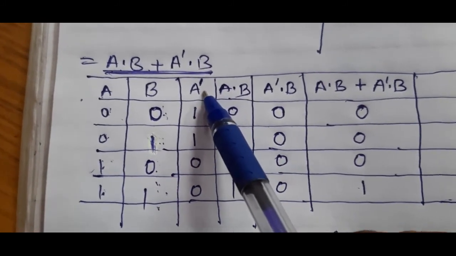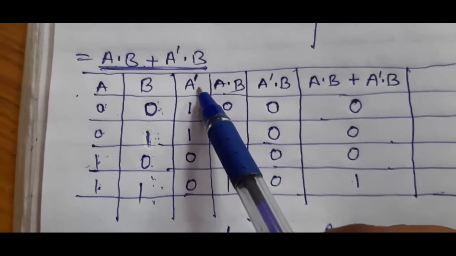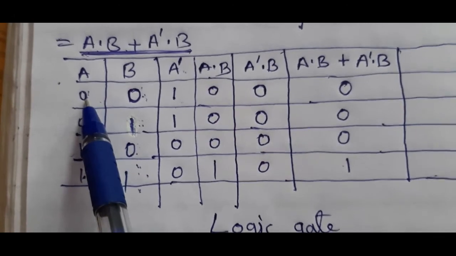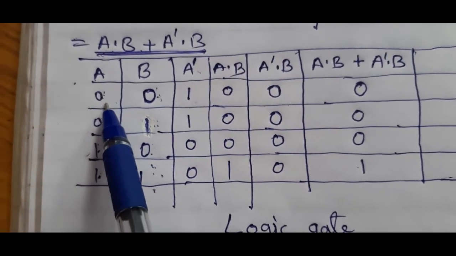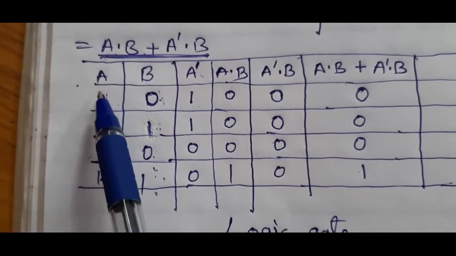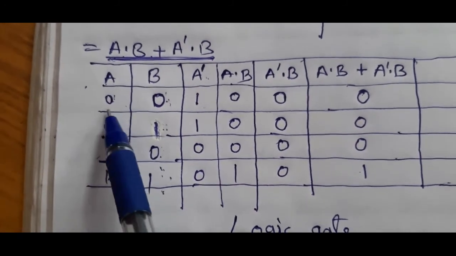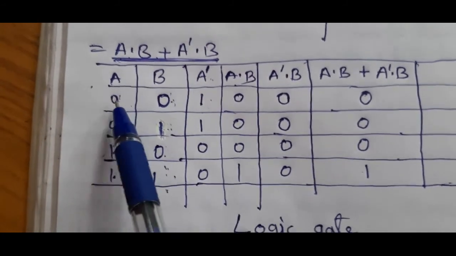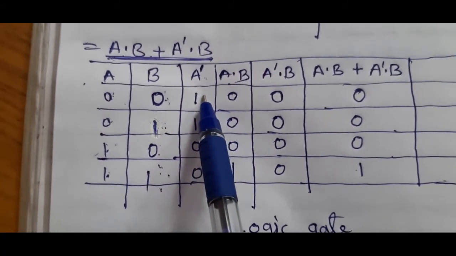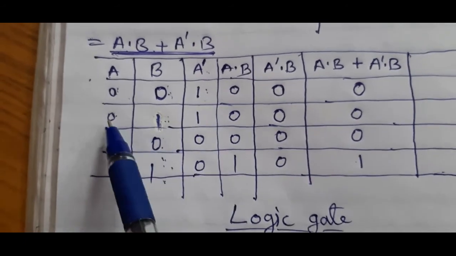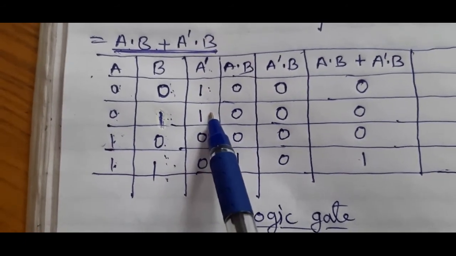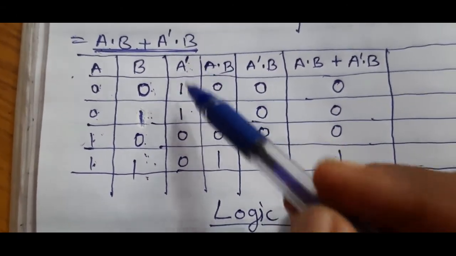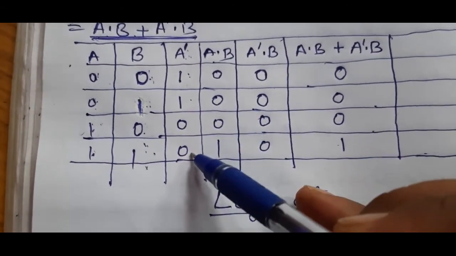As in NOT logic, I have already told you that it is just the opposite. If the signal is 0, the complement will be the opposite, and if it is negative, the complement is positive. Like this we got the A complement possibilities here.